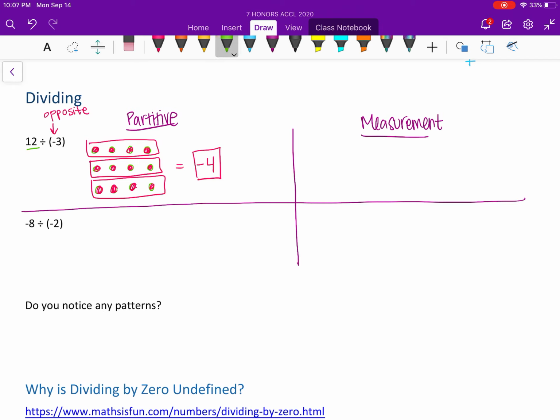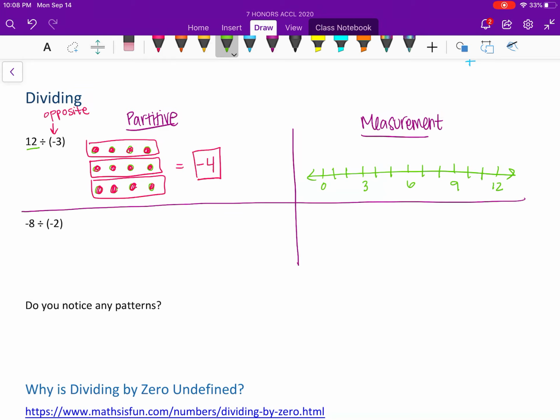Well, if we were to do it on a measurement scale, we would probably have some sort of number line labeled from 0 to 12. Okay. I'm just going to quickly write in a couple measurements here. 1, 2, 3, 4, 5, 6, 7.